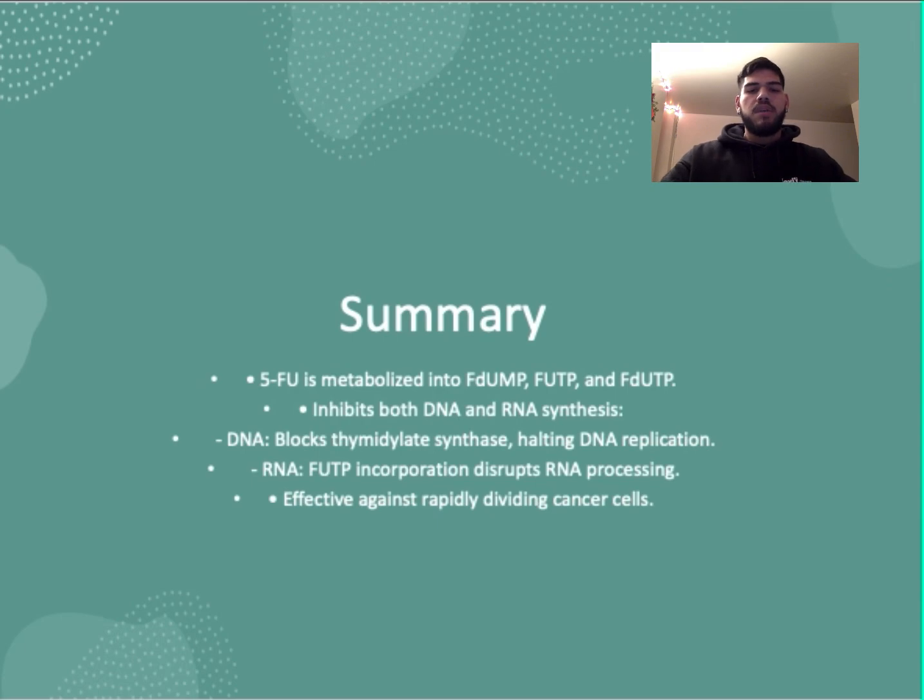By blocking these pathways, 5-FU significantly limits cancer cells' ability to grow and survive. This makes it a cornerstone of modern chemotherapy regimens, specifically for colorectal and other sensitive cancers.